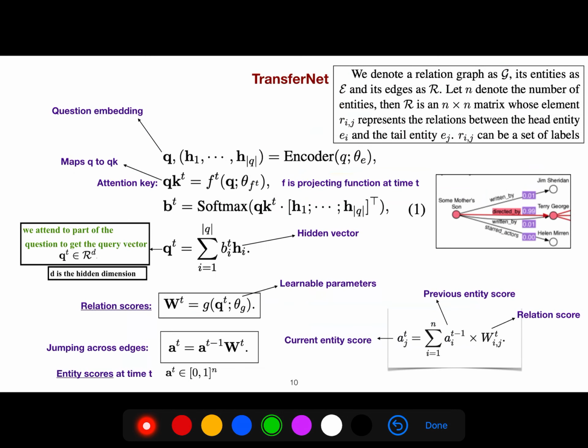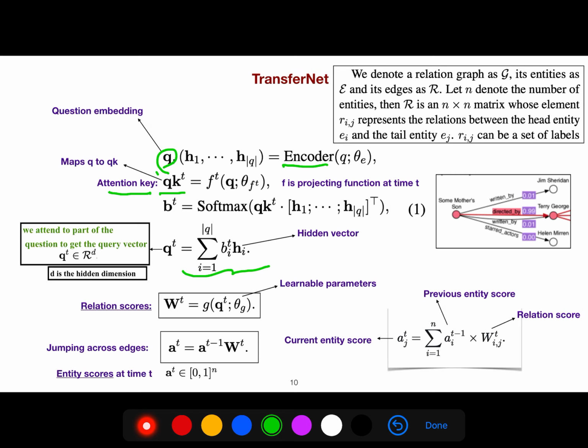So in TransferNet, we are embedding the question using this encoder, and using the softmax we have B. QK^T is the attention key. So Q is just a linear combination of these hidden vectors.